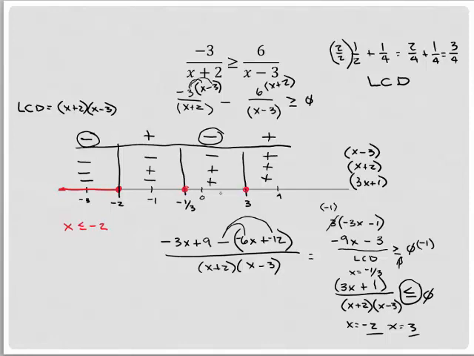And then we have this section in here, and remember that's the in-between. Negative 1/3 is less than or equal to x is less than or equal to 3. x is in between negative 1/3 and 3.